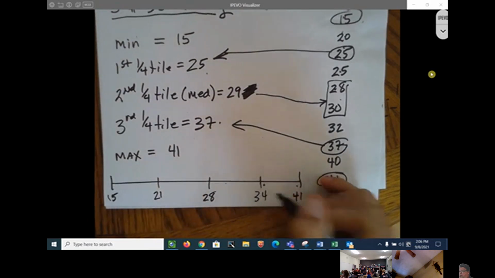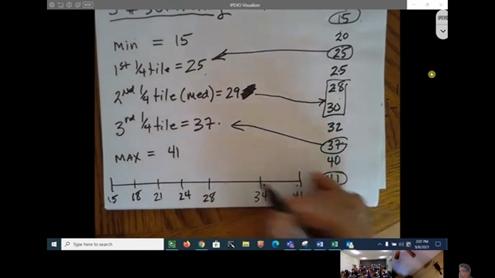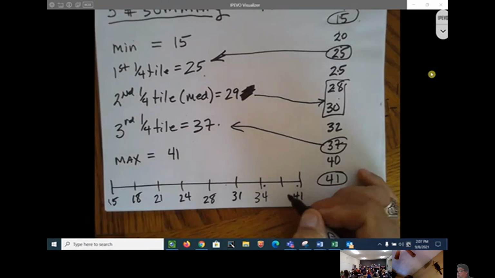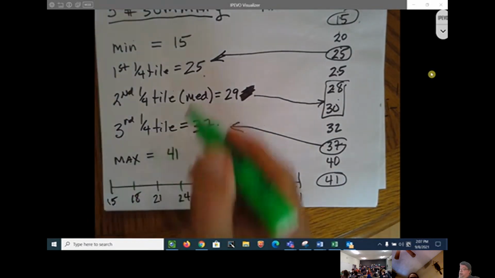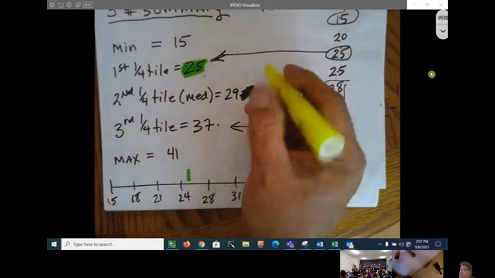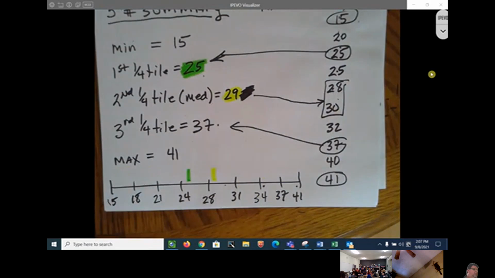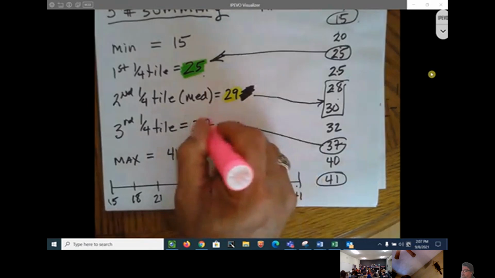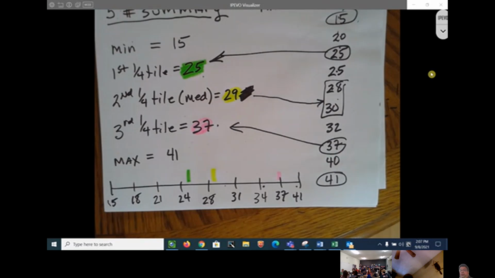This will be 34. 18, 24, 31, 37. And then your 25 goes right about here. And your 29 goes about here. And your 37 goes about right here. And that is your box plot.